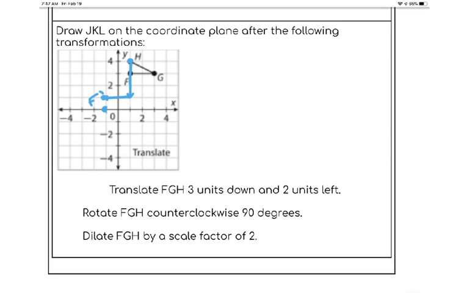So now this is H prime. And lastly, we have G. So let's translate G the same way. 3 units down, 2 units left. Now this is G prime.